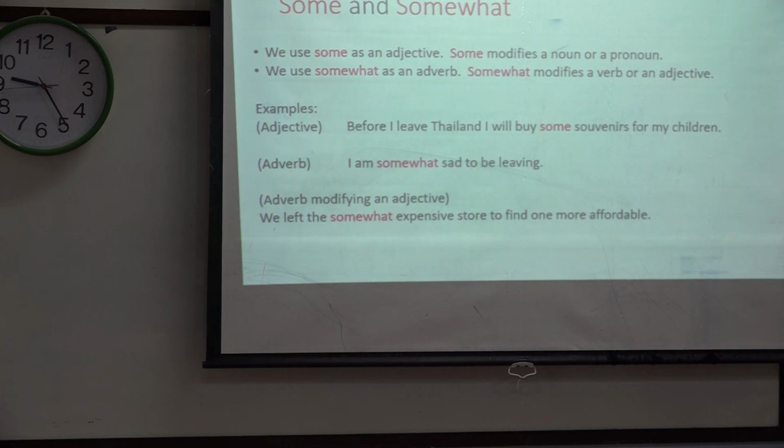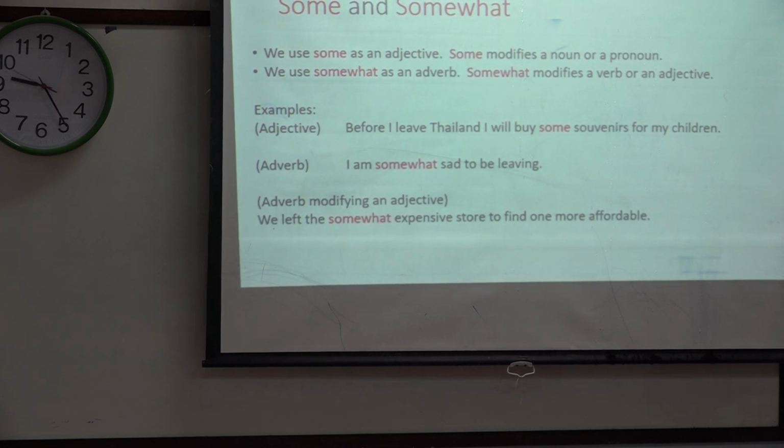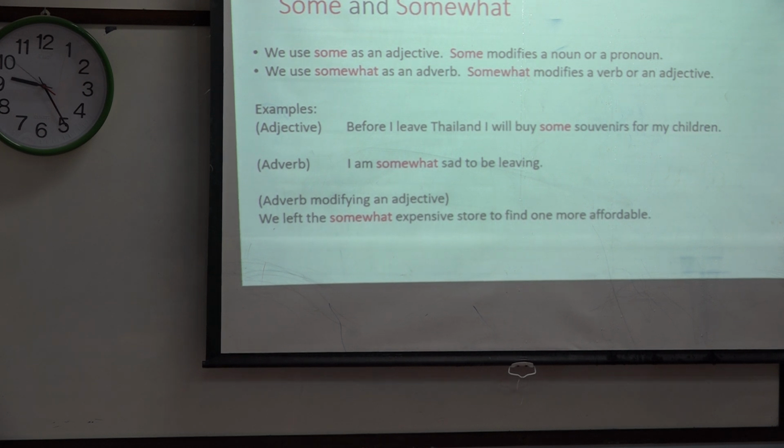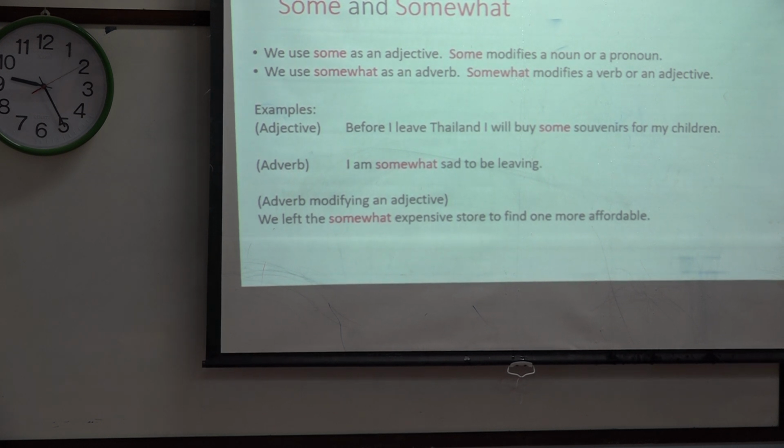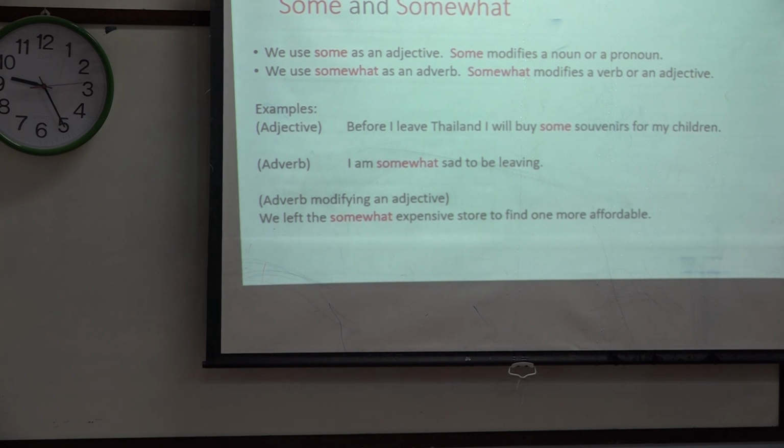So the first one is an example of a sentence that uses an adjective. So we're going to use some. Before I leave Thailand, I will buy some souvenirs for my children. So I'm using some because I'm modifying souvenirs, which is a noun. Now, the next sentence, I need an adverb, so I'm going to have to use somewhat.